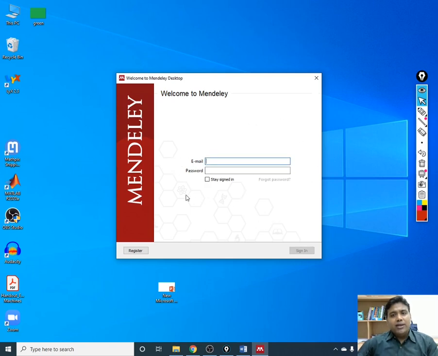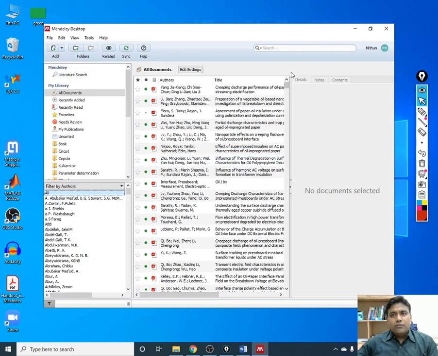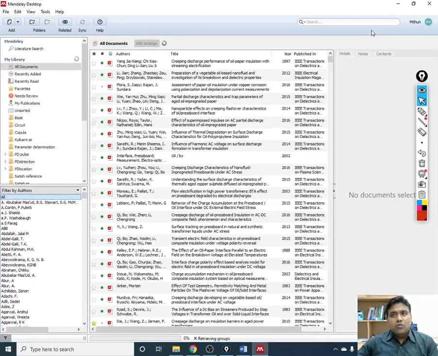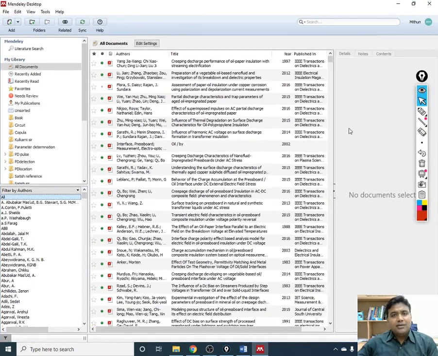Now you have the email ID and password. So just type in your details for the Mendeley desktop. This is what the Mendeley desktop looks like. Then you can see that the window is divided into different categories.